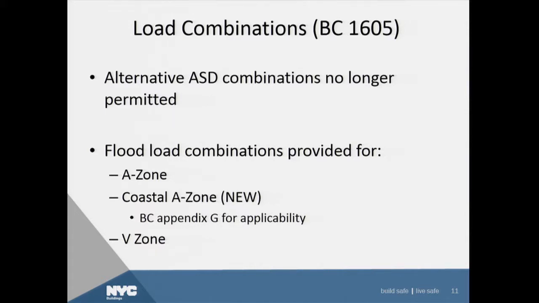And as part of our further enhancements, there were specific flood load combinations provided for in Chapter 16 to provide some clarity. The load combinations themselves you could have found previously by going through the reference standard and the building code, whether it's the IBC or the New York City Code. You could have combined them all together to come up with the appropriate load combinations, but the committee got together and put them in directly for you.